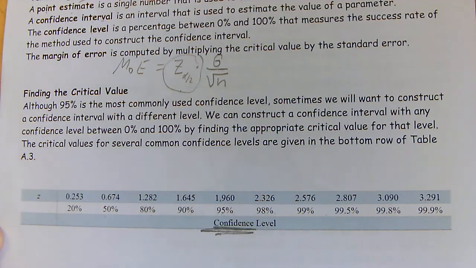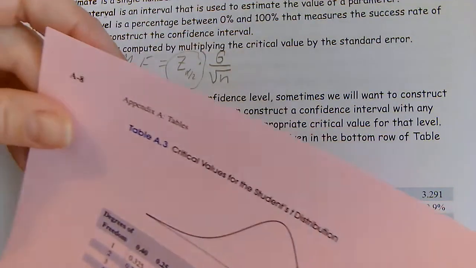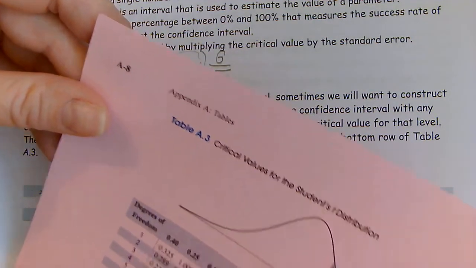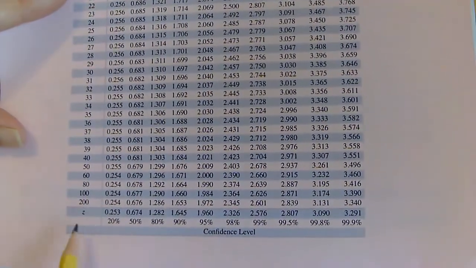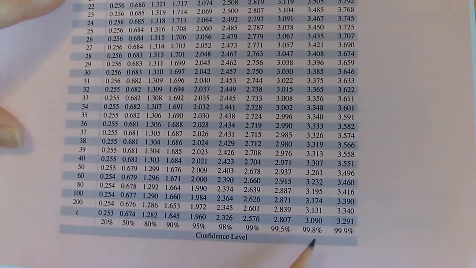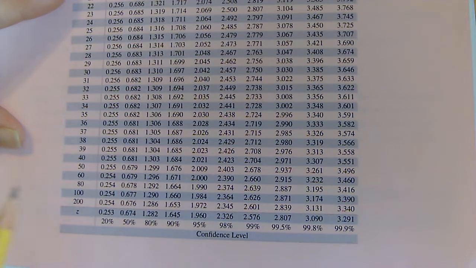Where is this table? In chapter 8, we're going to be using table A.3. This strip for confidence z values is listed down here at the bottom of A3. So if we're constructing a 95% confidence interval, the critical z value is 1.960.